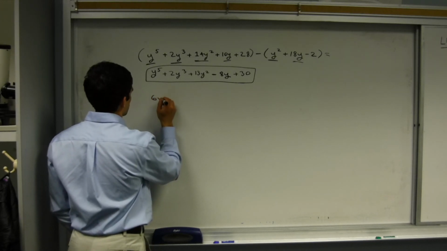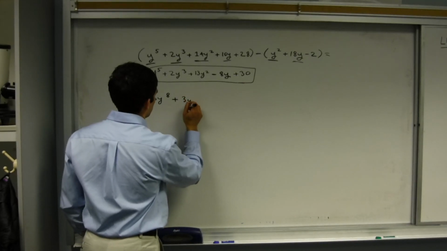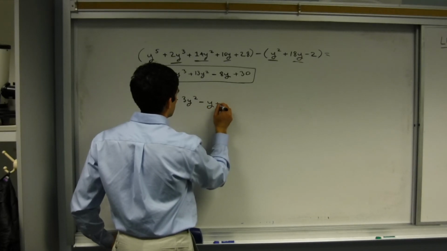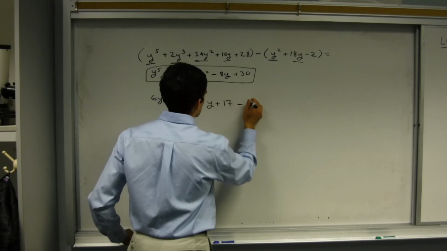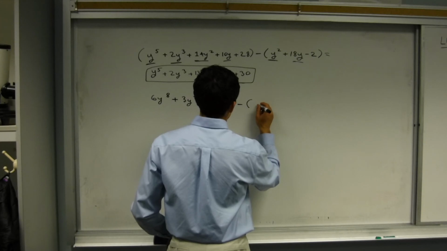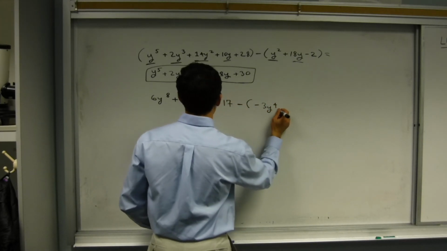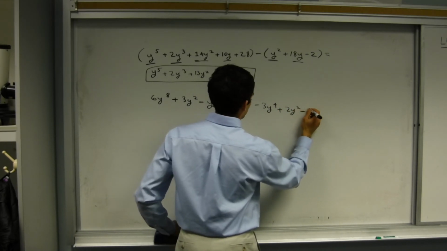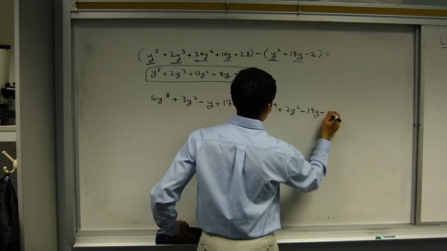We have 6y to the 8th plus 3y squared minus y plus 17 minus, let's say, negative 3y to the 4th plus 2y squared minus 19y minus 40.